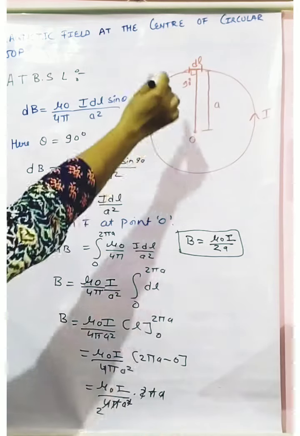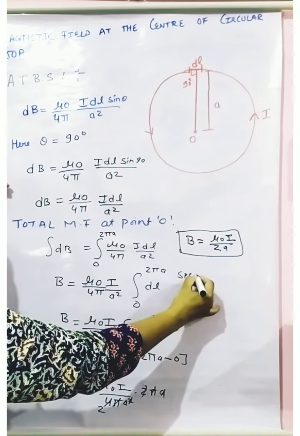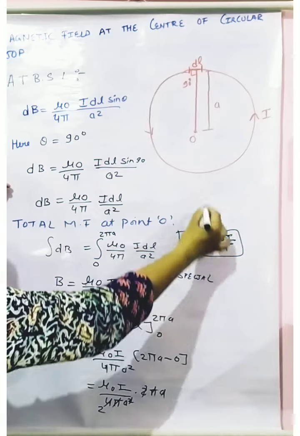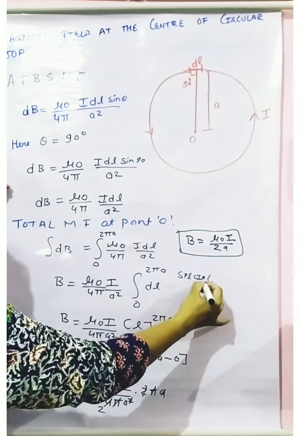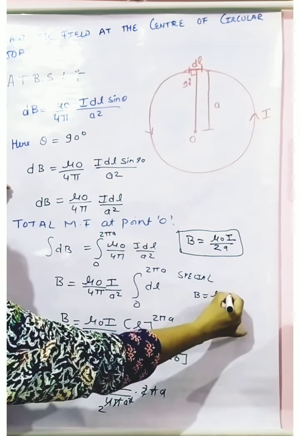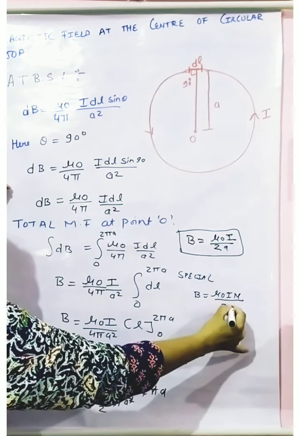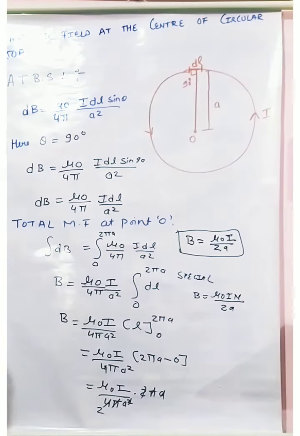Suppose we have n number of turns. This is a special case. If we have n number of turns in this, what am I going to get? The expression is going to change because I have used n number of coils, so this is going to be multiplied by n. So this way we can write it down fully. This is what we have discussed in this case.